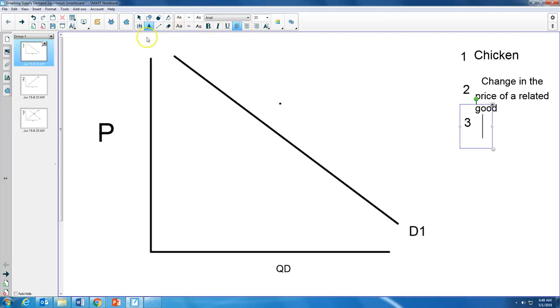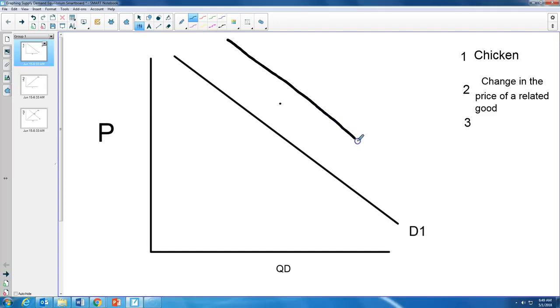And so I'm going to pick a pen here and show you this. What you're going to do is go to the right. We're going to draw a parallel line. I'm going to label that D2 because it's the second demand line. We can see that.